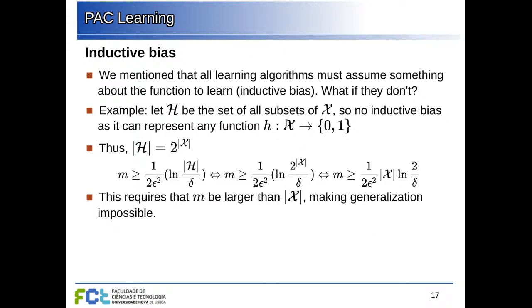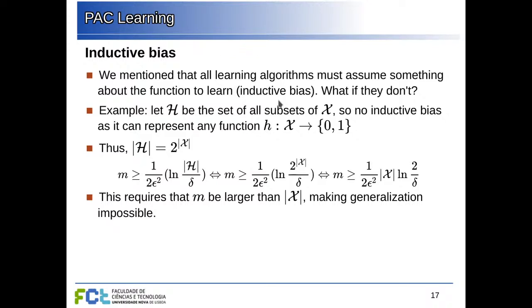Suppose that we have a universe X of points. We want to find a hypothesis that classifies each example in X into 0 or 1. And our hypothesis class is the set of all subsets of X. So all subsets of X are in our hypothesis class. This means that any combination of examples being in class 0 or in class 1, we can find in our hypothesis class, because we have everything there.